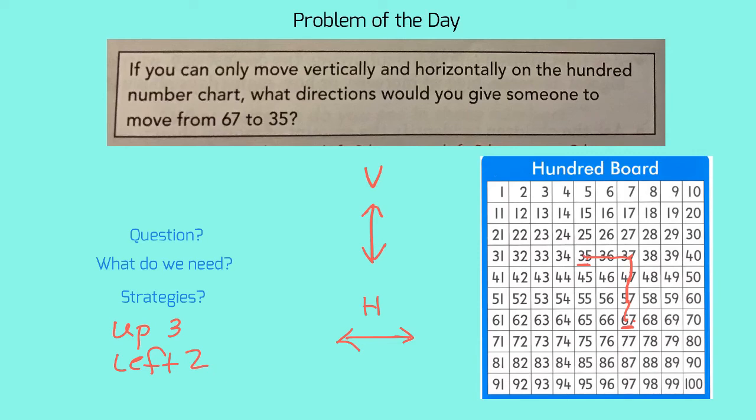Or if we wanted to do it a different way, we could have said to the left 1, 2, and then up 1, 2, 3. I'm sorry, to the left 2 spaces and then up 3 spaces. Okay, so we're going 1, 2, then up 1, 2, 3.